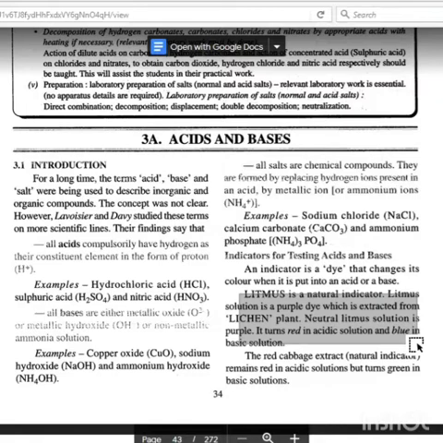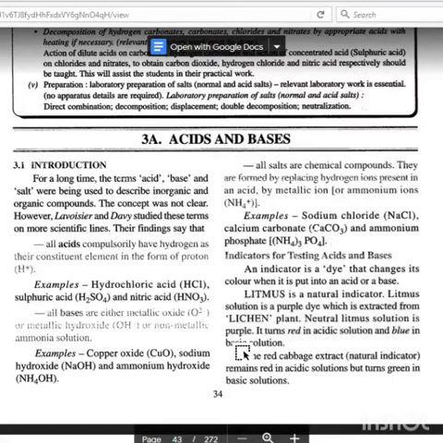If it is put in an acidic solution, then it becomes red, and with a basic solution it gives the blue color. It means three colors are given by litmus: purple with a neutral solution, red in an acidic solution, and blue in a basic solution.